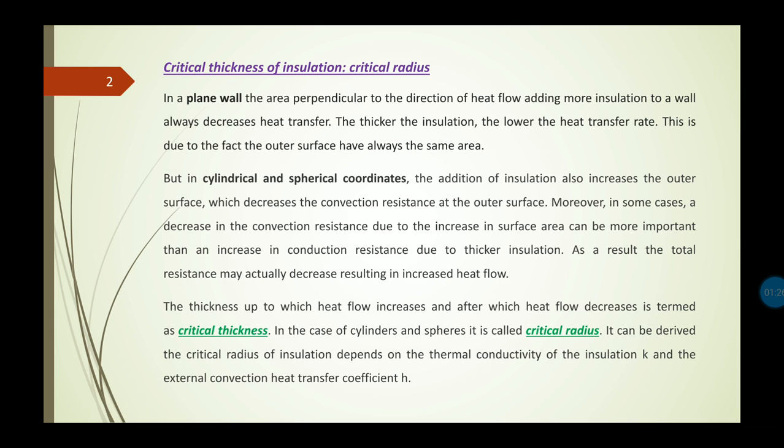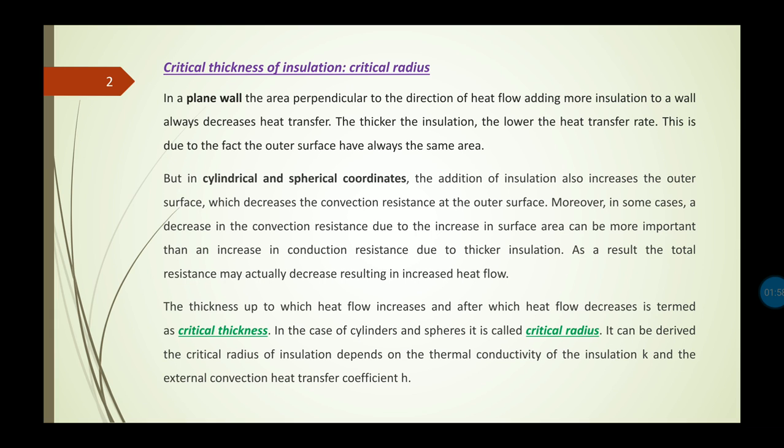Now the thicker the insulation, the lower will be the heat transfer rate. It is obvious. This is due to the fact that the outer surface always has the same area. So this is what happens in case of a plane wall. But what happens in case of the cylindrical or spherical coordinate?